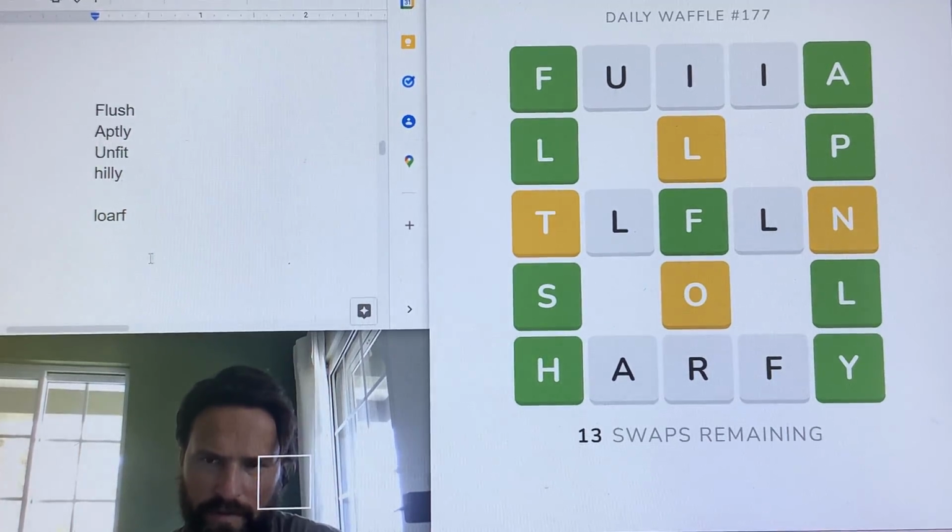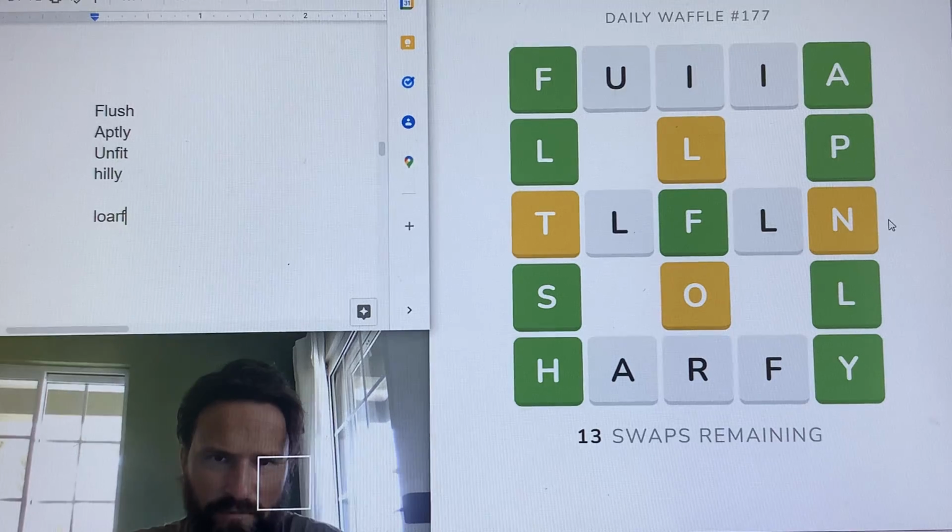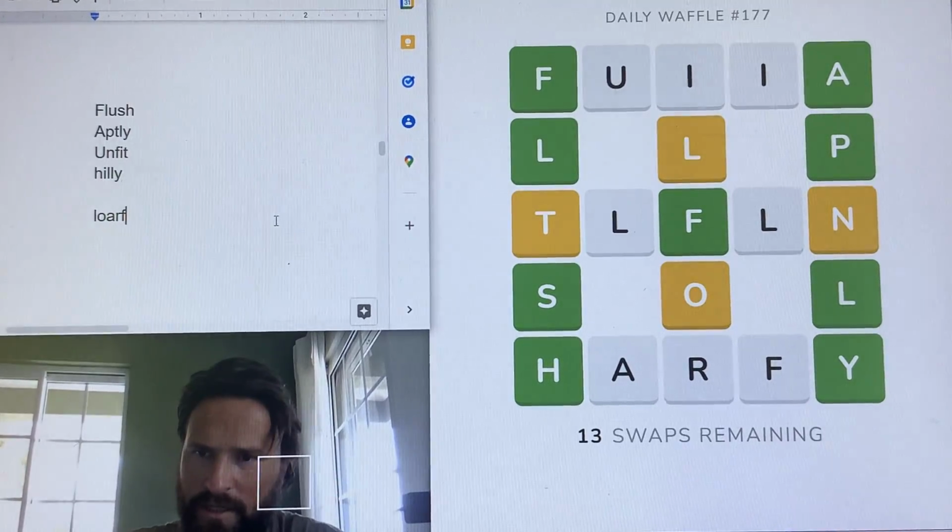Okay, so I think Hilly's maybe wrong, because it's really looking like this is going to be flush, unfit, and aptly. So maybe Hilly's wrong.